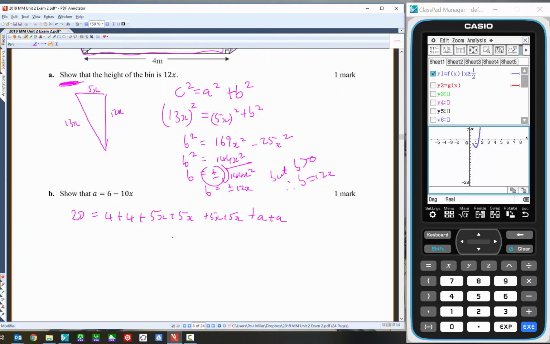Let's see what happens. 20 equals 8 plus 20x plus 2a. We need to solve this for a, so 12 equals 20x plus 2a. 2a equals 12 take 20x, divide by 2, a equals 6 take 10x, as required.